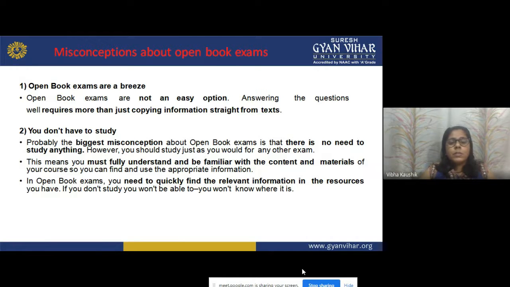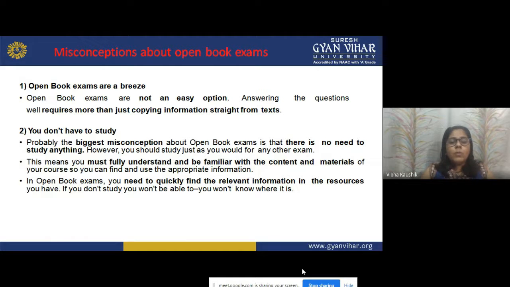Probably the biggest misconception about open book exam is that you do not have to study. However, you should study just as you would for any other exam. What they are saying is that when you are giving an exam through open book exam, you have to study as you are studying for any other exam.